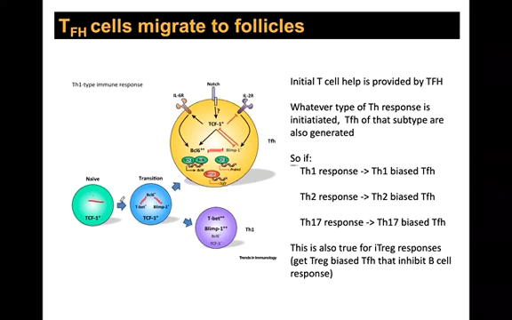What I just want you to know is that there's this transition that the cells will initially get activated. If it is Th1 biased, it's going to become a Th1 cell expressing Tbet. That effector cell is going to turn off the signal that tells it to become a follicular helper cell, but some of them will become follicular helper cells. So with a Th1 response, you get Th1 biased T follicular helper cells and so on.